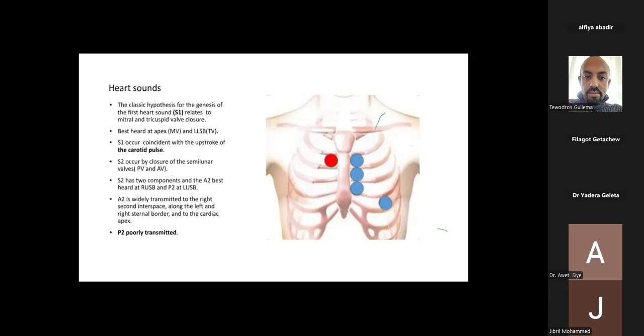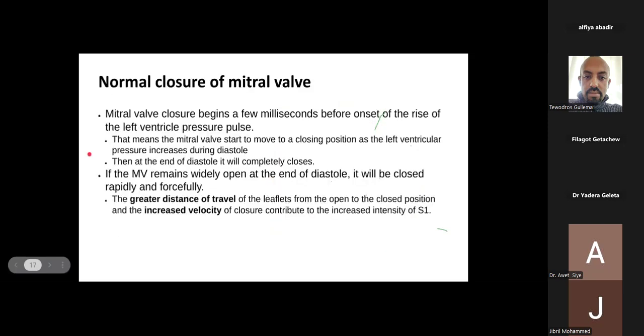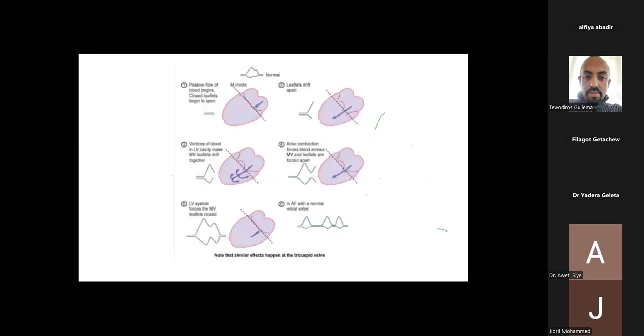This is about the areas, the locations. This is a normal closure of the mitral valve. By the way, what we discuss for the mitral valve also applies to the tricuspid, the characteristics are similar. So this is the normal individual and closure based on the cardiac cycle.